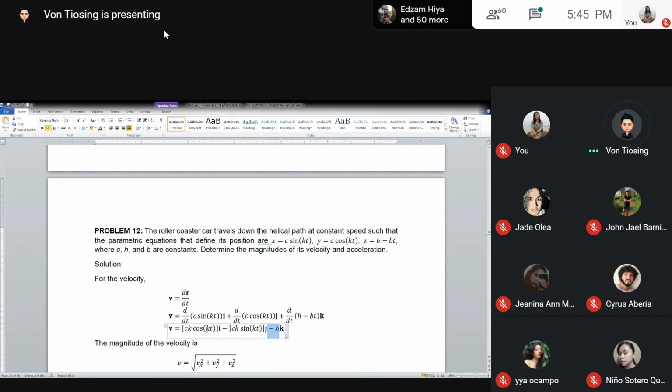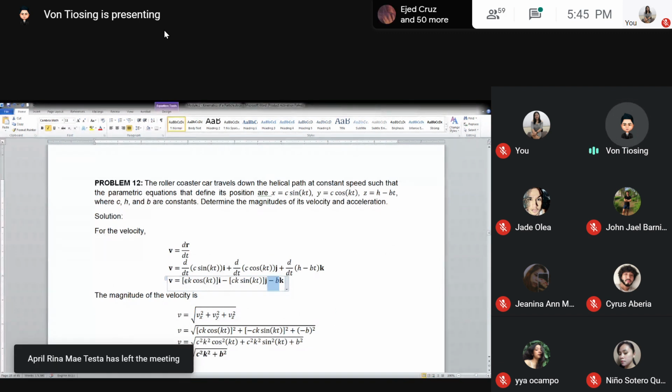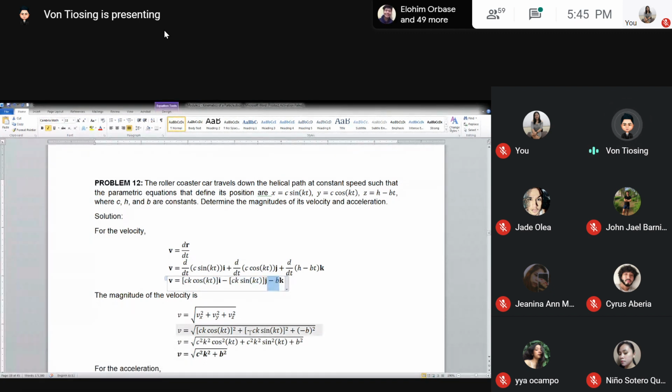And what's next? You get the magnitude of the velocity by getting the square root of the sum of squares. So, square mo to, plus square mo to, plus square mo to. Take note of the sign, no? So now, if we take the square root of all of these terms, so the c squared, k squared, cosine squared of kt, so square mo yung negative 1, magiging 1 din. So c squared, k squared, sine squared of kt plus a square ng negative b is b squared, no?